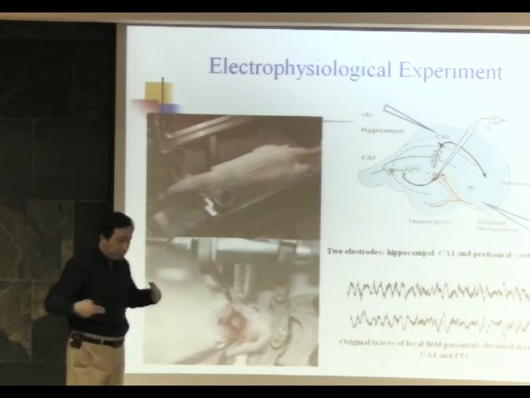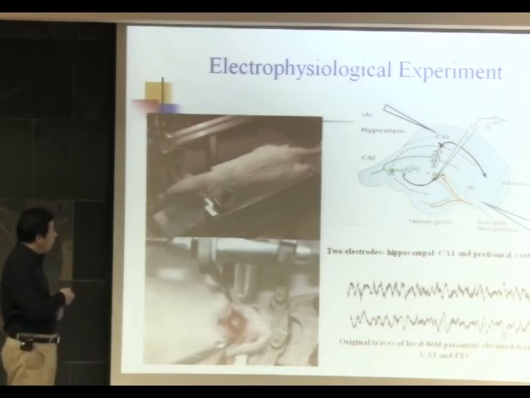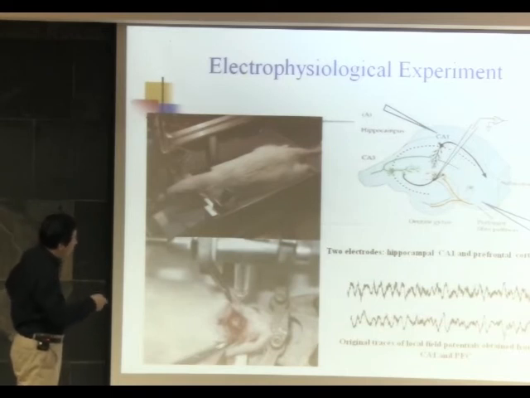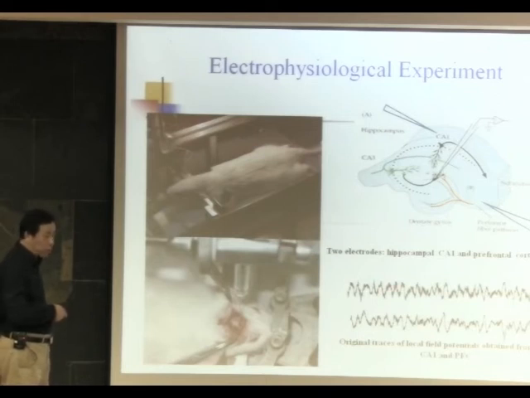The information can flow both ways. And this one, hippocampus CA1 to prefrontal, is bidirectional. So these are just examples, with two electrodes, and this is the original trace of local field potentials, by which we can analyze.